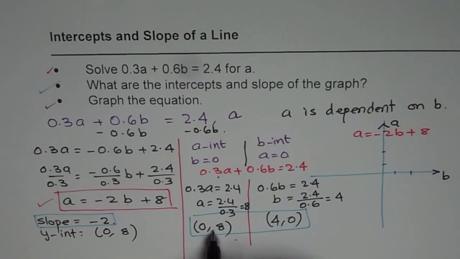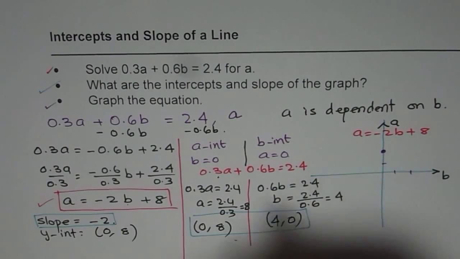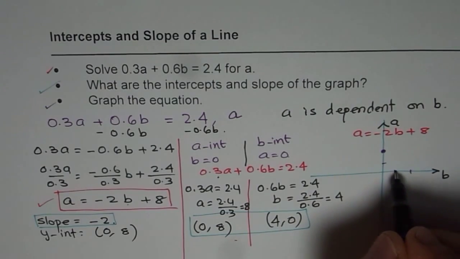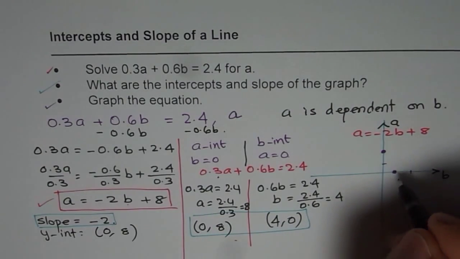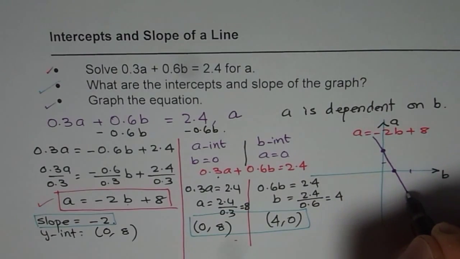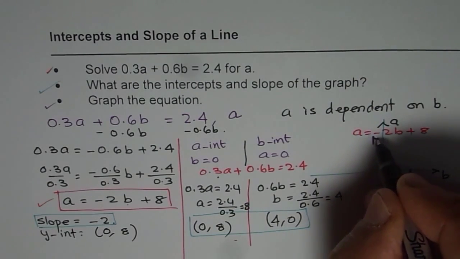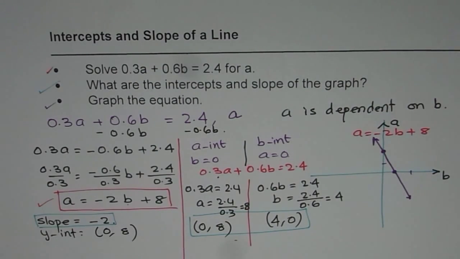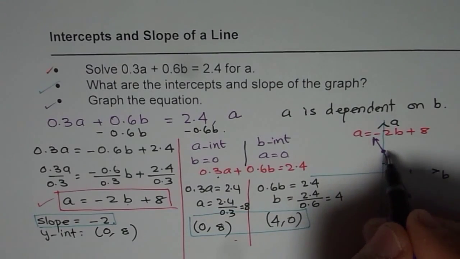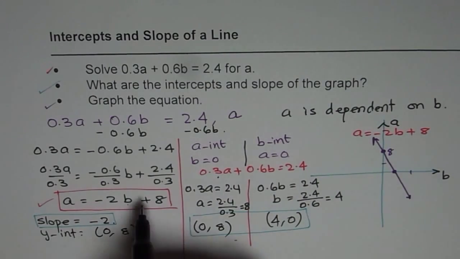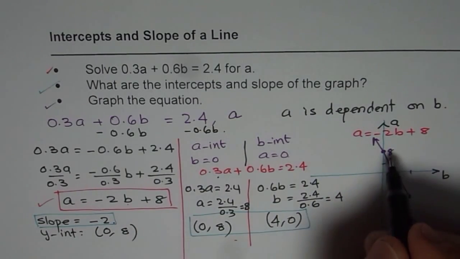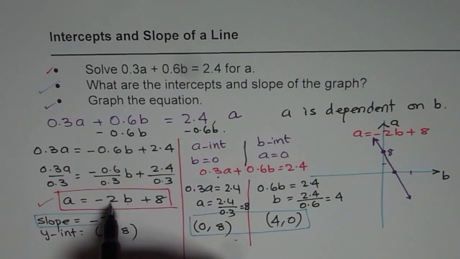So, the a-intercept is 8. That is the one. The b-intercept is 4. This is the one. Joining these two, I get my line. Do you see that? So that is how I can sketch a line. You could also use the slope-intercept form, that is to say, the a-intercept is 8, start at 8, slope is minus 2, right?